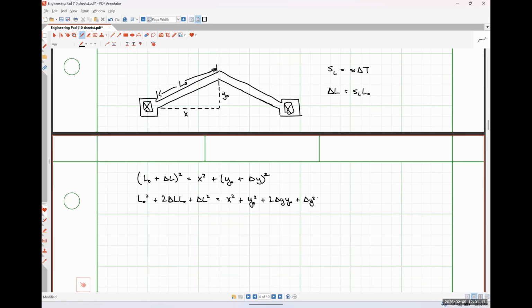Now we know that for these thermal expansions, the change in length should be relatively small. So when I square that term, it's going to look incredibly small compared to the original dimensions. So we can neglect that term and that term because they're so much smaller than the L naught squared and y naught squared terms. Neglected because they're small.